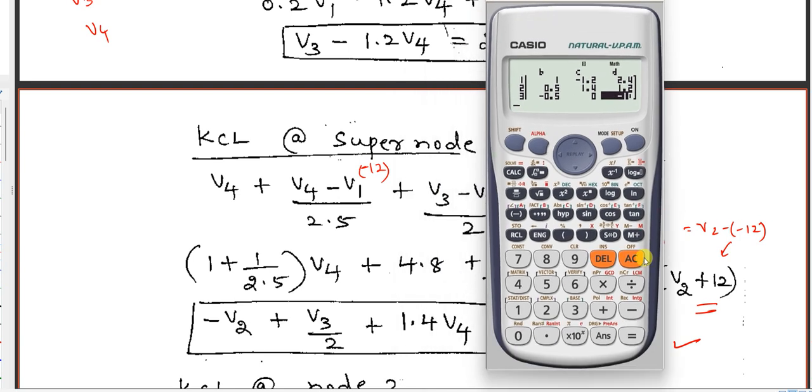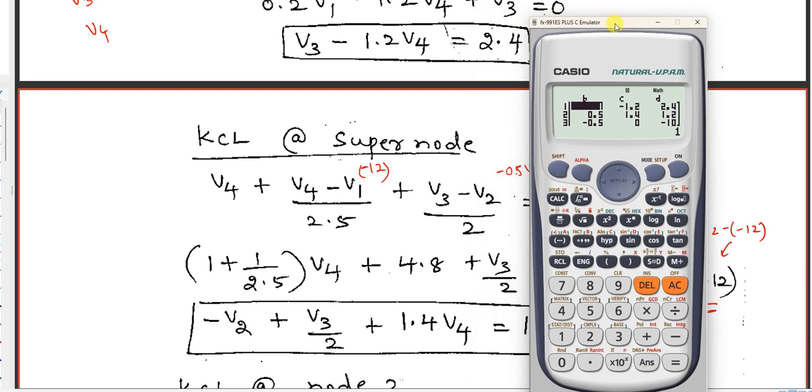If it is wrong, I will correct it. Oh, I think that was my mistake. The V3 value in the first equation: 0 is equal to minus 1, V3 is 1, 0.4. One minute, I will correct it once again.